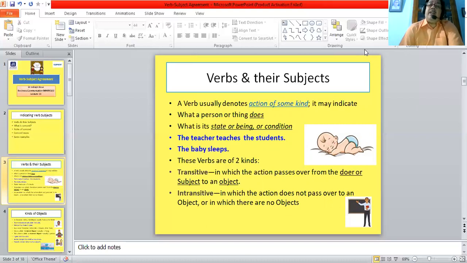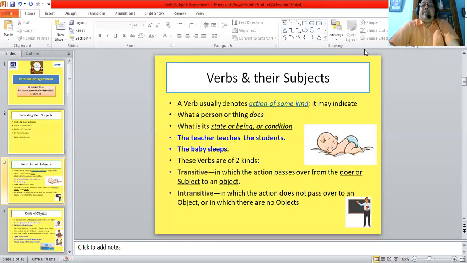Now, according to whether verbs indicate an action which is passing over from the doer or subject to any object, verbs can be classified into two types, transitive and intransitive. Now, transitive verbs are those in which the action passes over from the doer or subject to an object.